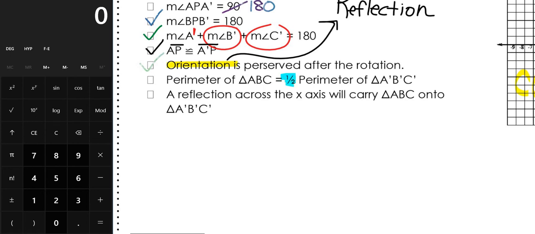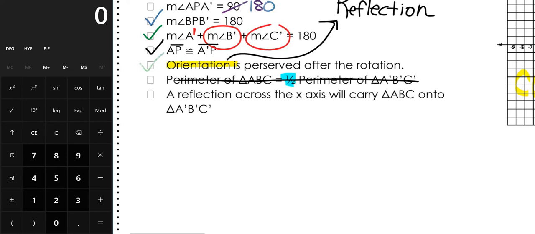Well, if the object does not change size, then your perimeter should not change. Perimeter means adding up all the side lengths. If the side lengths have not changed, your perimeter should not change. So I am not going to say that this one is correct. I disagree. The perimeters should be the same measurement before and after.